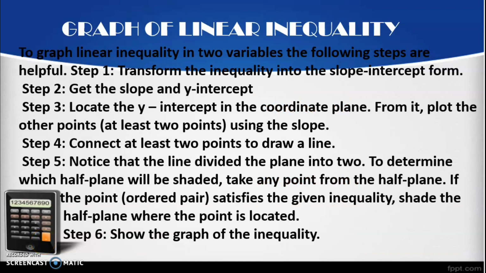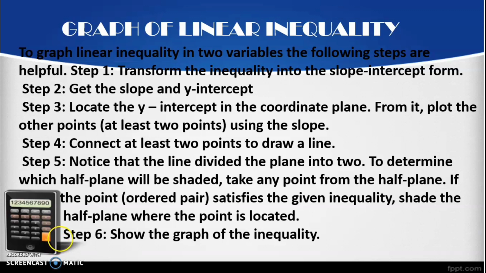So, in graphing linear inequality in two variables, meron tayong 6 na steps na sinusunod. Step 1, transform the inequality into the slope-intercept form. Ita-transform lang natin if the given inequality ay naka-standard form. Pero pag naka-slope-intercept form na, hindi na kailangan nating i-transform.